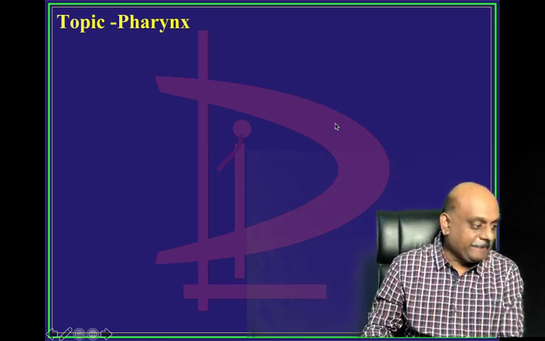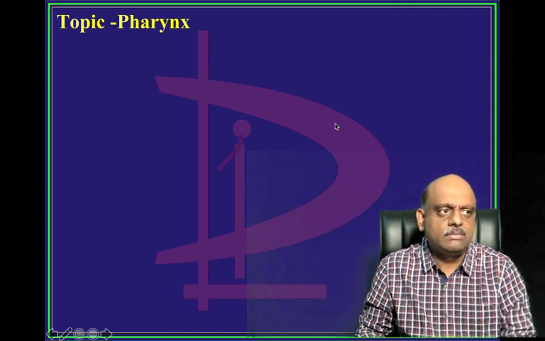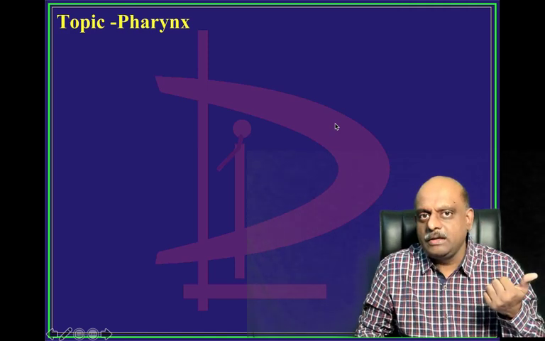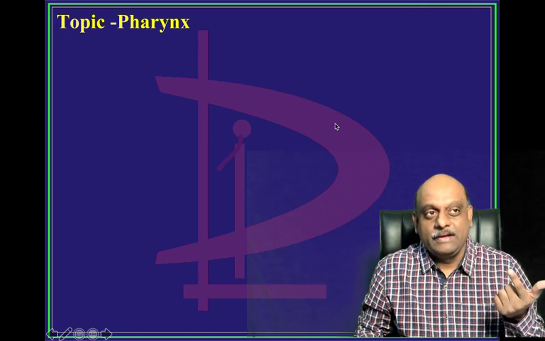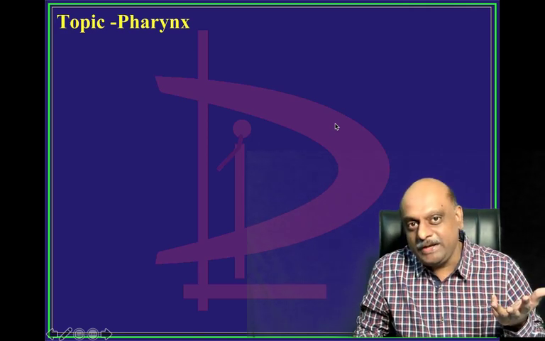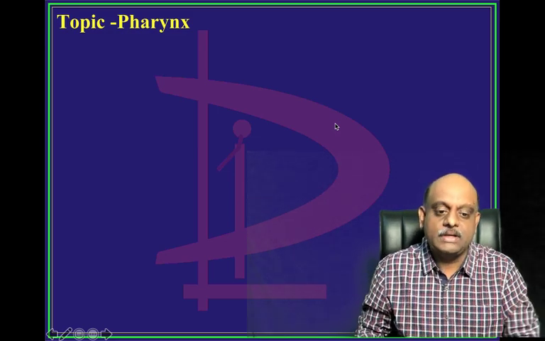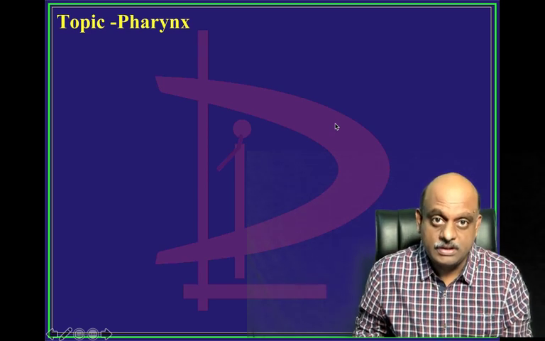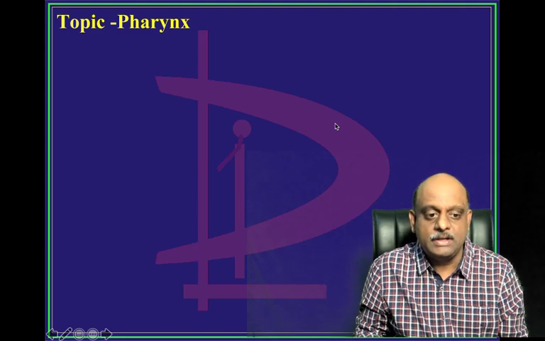We have done major topics like arteries, branchial arch derivatives, facial nerve, trigeminal nerve, and a few more important topics. Now let's continue our discussion with some of the minor topics.